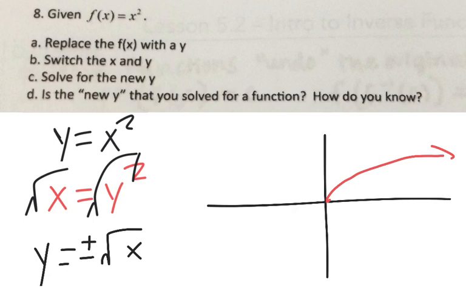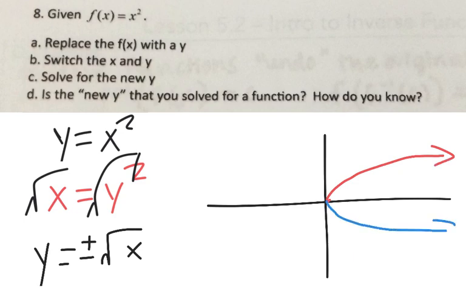If there's a negative out front, that's a reflection over the... Is it inside or outside? Outside. Outside affects the y's. So if I need to change the sign of the y, I'm going to reflect it over the x-axis. We follow all that? So the other part, the negative square root of x, would be here.